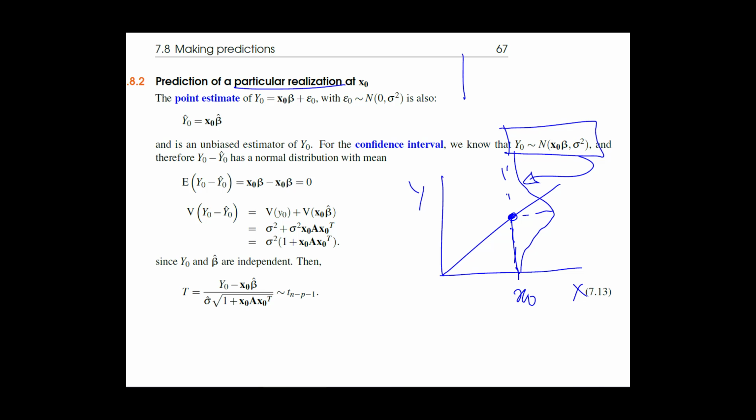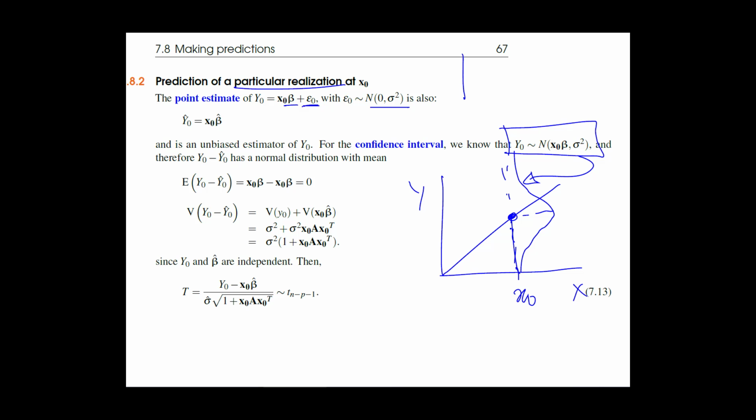Right? And it's just because Y naught is the regression line plus the error term, and that error term is assumed to be normal with mean 0 and variance sigma squared. So here we're going to proceed in this way.